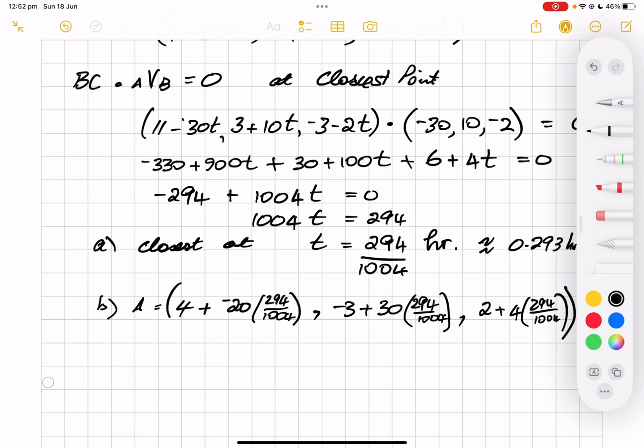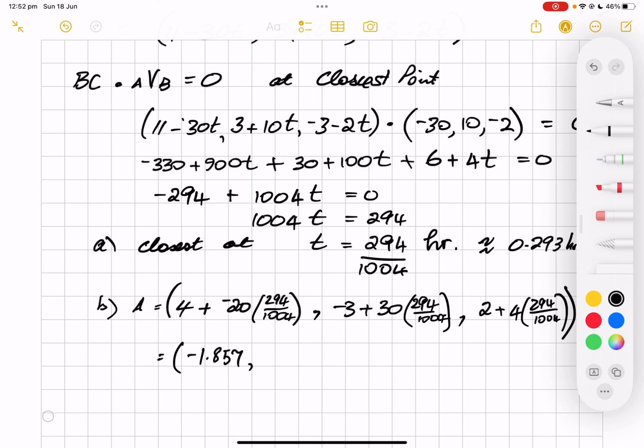Quick calculation. Let's just turn these into decimals. 4 minus 20 times 294 divided by 1004. So that's at a position of negative 1.857 kilometers.